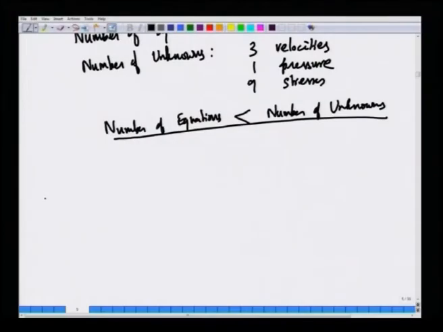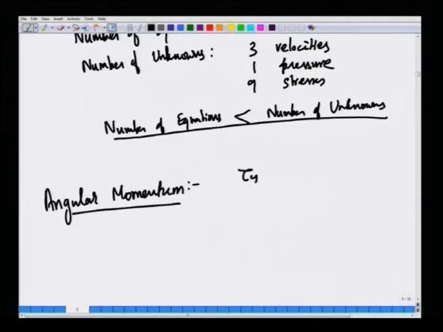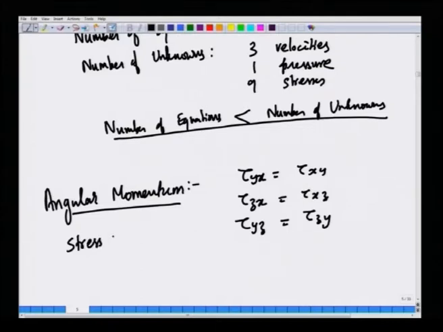But before that, we can also write down the equation for angular momentum, that will tell us that tau y x is tau x y, tau z x is tau x z, tau y z is tau z y. That is, the stress tensor is a symmetric tensor, that is, the matrix of elements is a symmetric matrix.